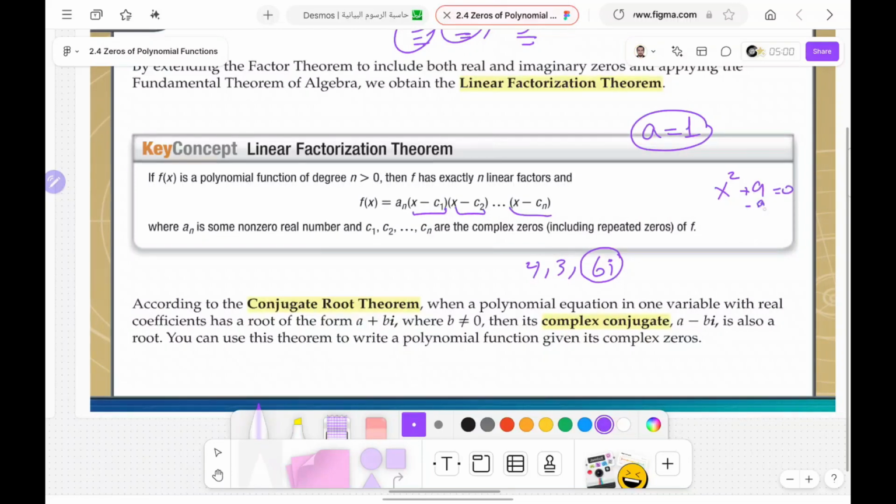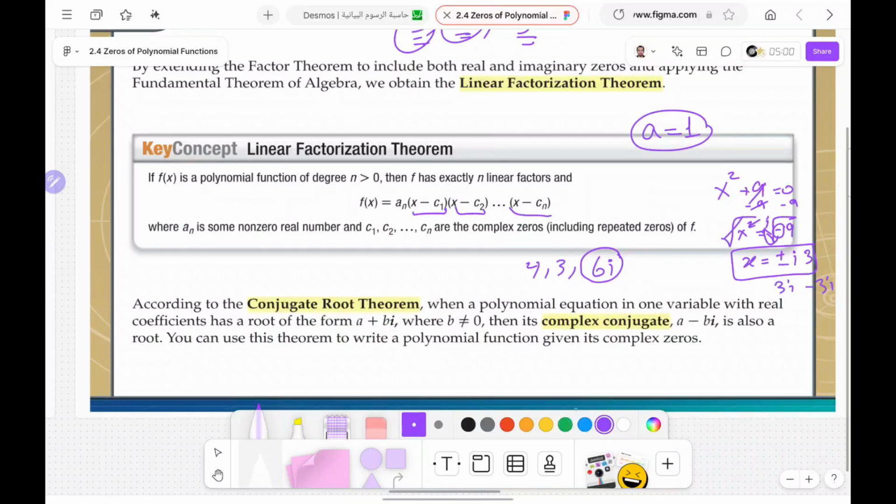To solve this, subtract 9, so x squared equals negative 9. If I take the square root of both sides, I get positive and negative. There is a negative under the root, so I take it outside as i, and the square root of 9 is 3. So as you can see, I have 3i and I have negative 3i.